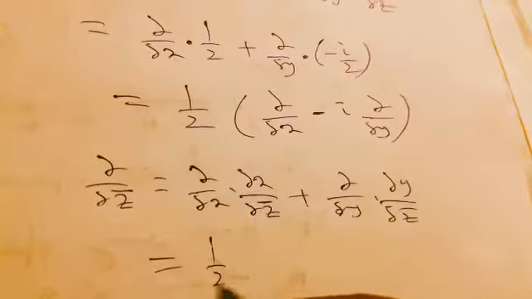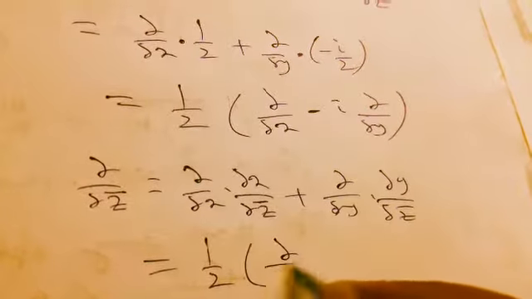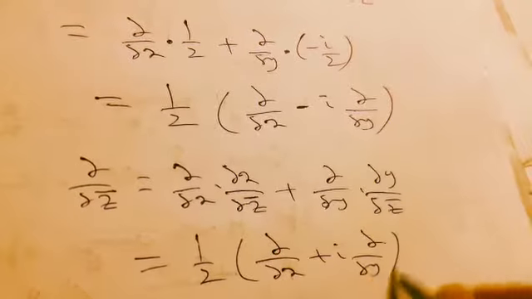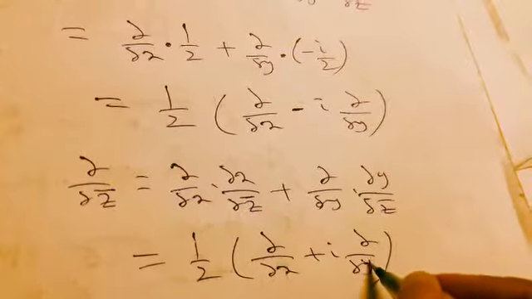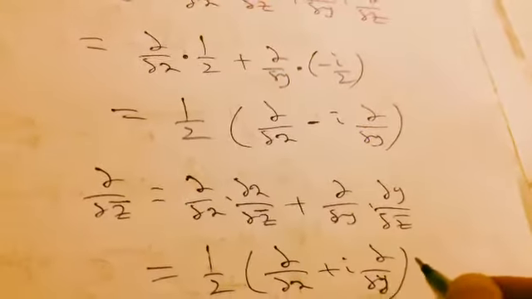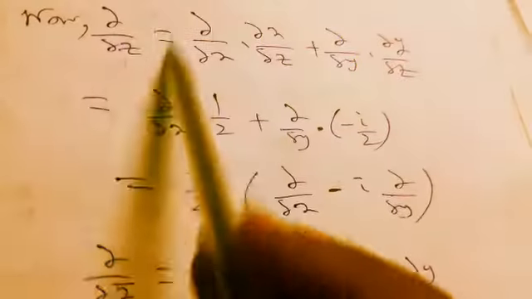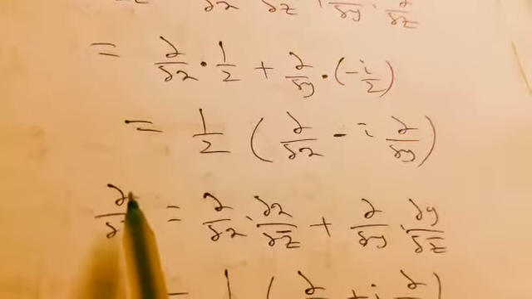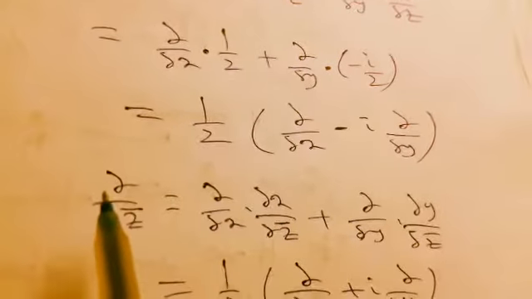So taking common half, similarly we obtain ∂x plus i ∂y, using these two terms, and finally we find the result ∂/∂z and ∂/∂z̄. Now we are going to the final result.